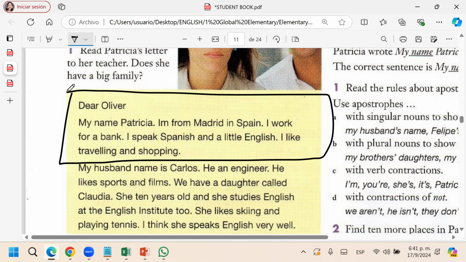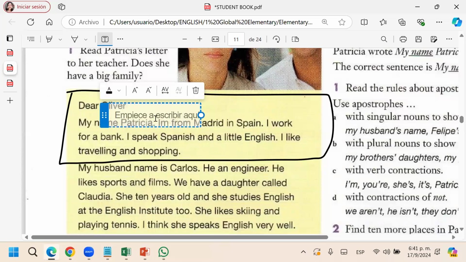Yes. In this paragraph, what are the mistakes, like some details? So what do you think that we can change in this paragraph? My name needs the apostrophe. My name is Patricia.